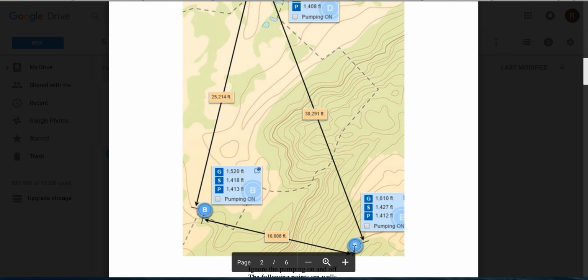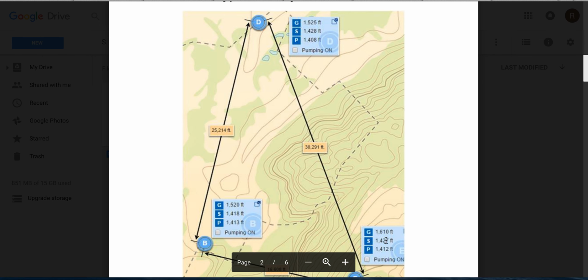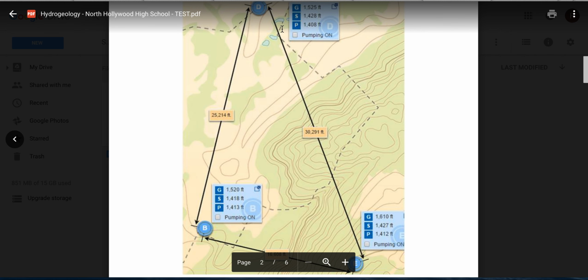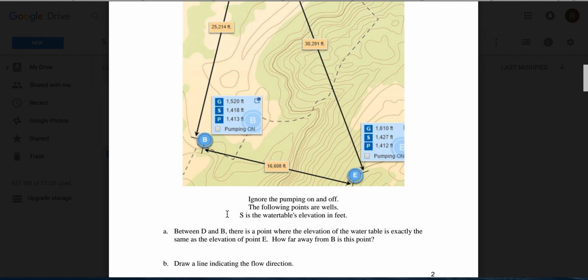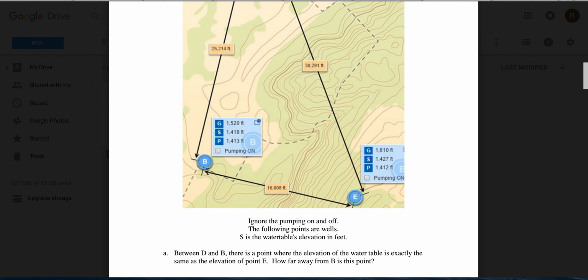We're trying to figure out the distance from well E to that point. We know all the elevations of each of the wells: 1,427 feet for E, 1,428 for D, and 1,418 for B. So we're trying to figure out, I'm sorry, how far away from B is this point?